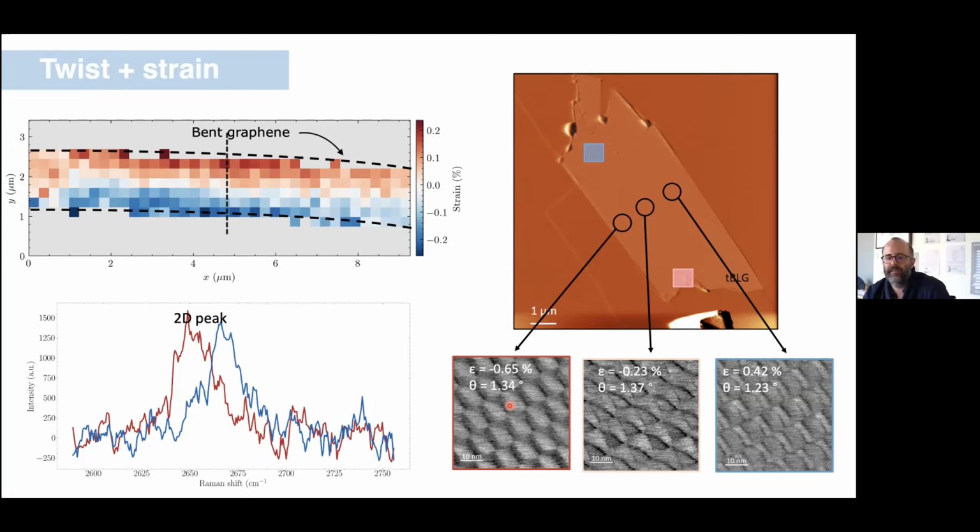This is all very early days, so I don't have a complete analysis here, but it looks like if we correlate the Moiré measure of strain and the Raman measure of strain, there's an excellent correlation between these two. So we think we know exactly what's going on in these systems. In particular, this image here is twisted bilayer graphene. So what we think is going on is we have a beautiful continuum of strain and angle in this system.